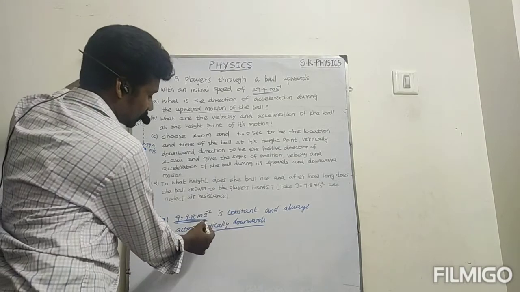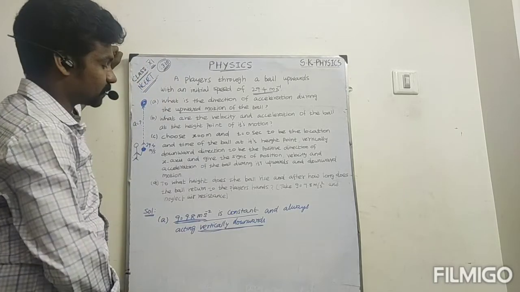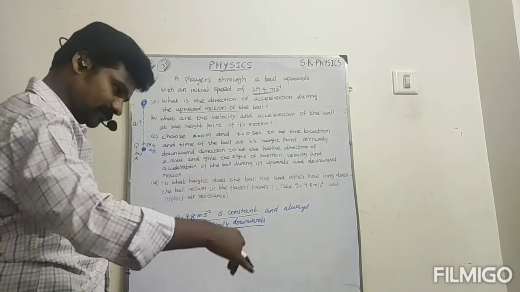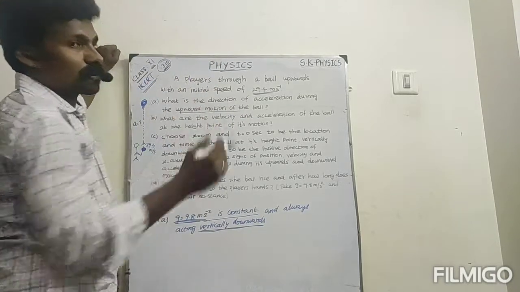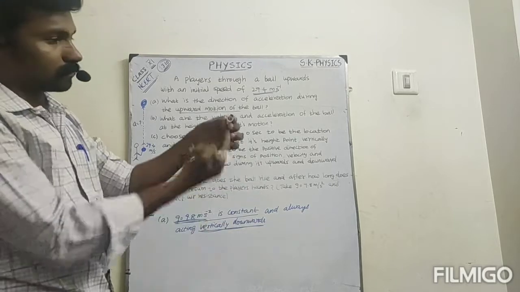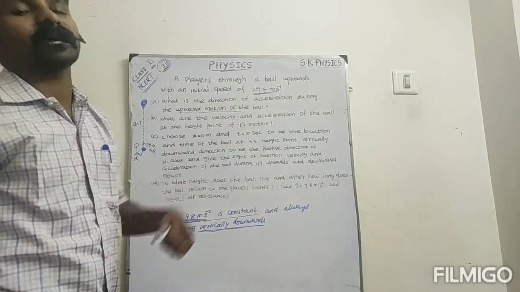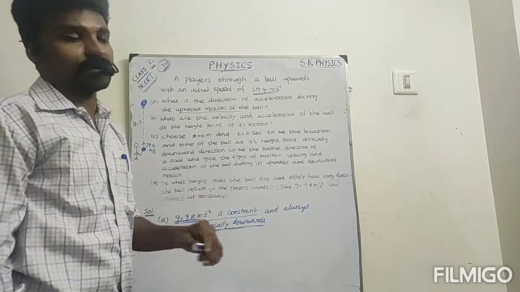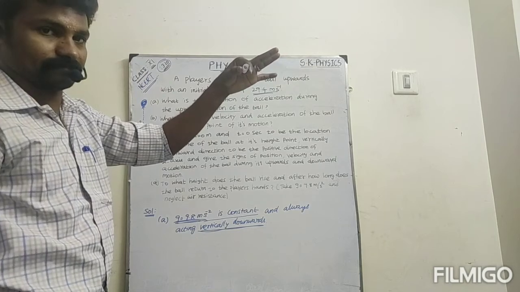It is constant, and it is always acting in downward direction. The object is moving upward, but each and every second gravity acts downward. Due to that action of gravity only, the ball comes to rest at the top position.